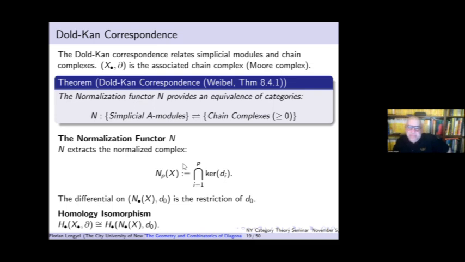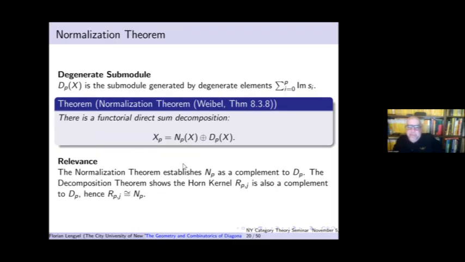The relevance of all of this is that there's a direct sum decomposition of this. This holds for anything, any simplicial module. I mentioned the degenerate submodule. It's the sum of images of the degeneracies, right?